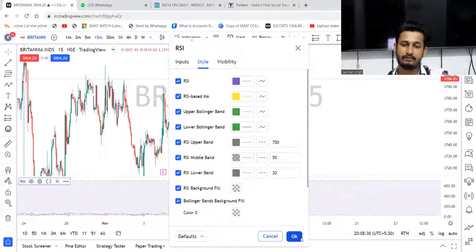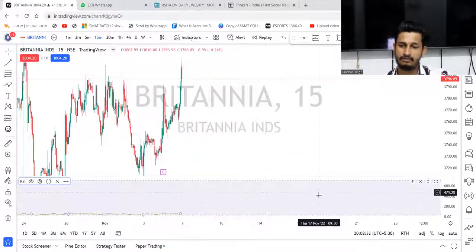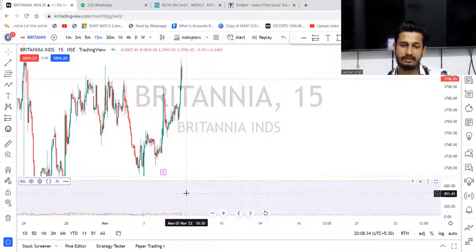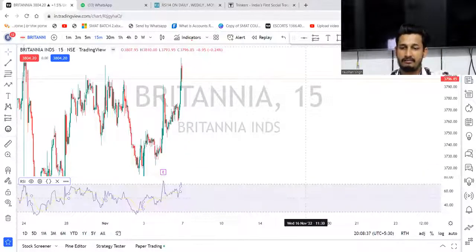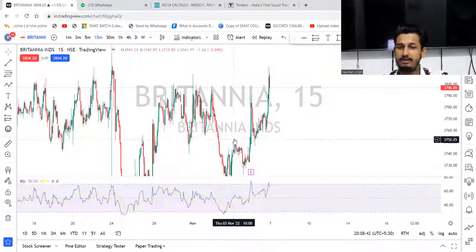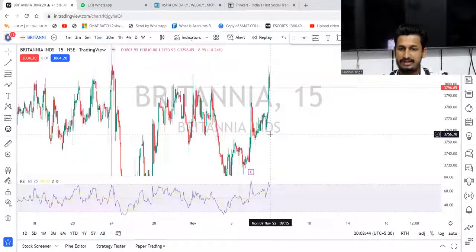If you increase it to 700, it is going to come like this. But again, the default which has been set by the person who formed this indicator, I prefer to go with that. And if there are any minor settings we have to do, then we go for it.